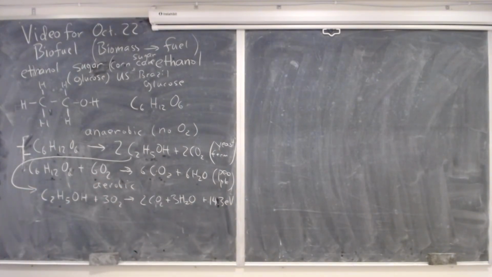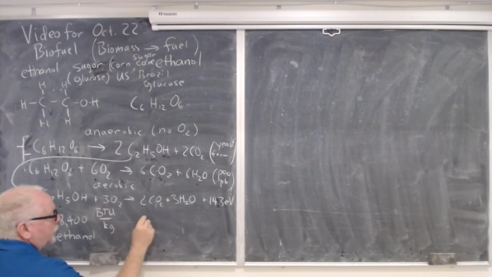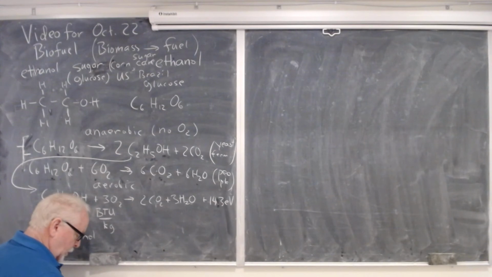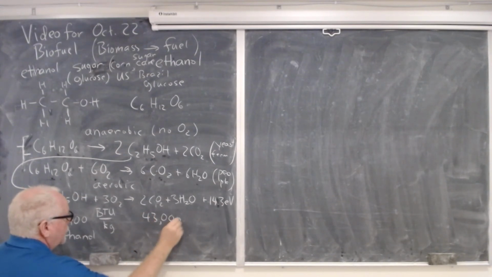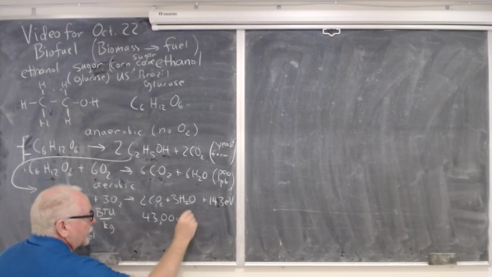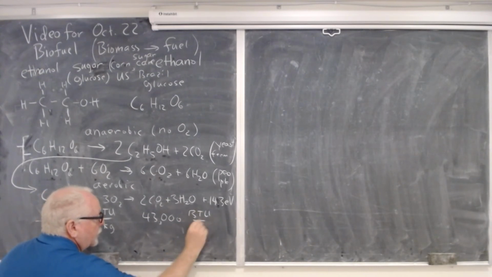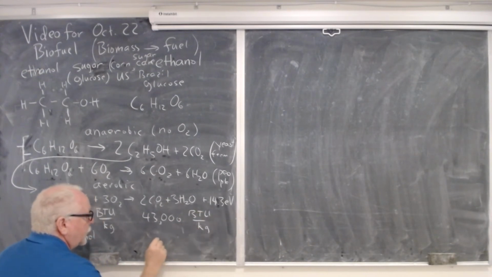And so if you work out the numbers, that's 28,400 BTU per kilogram of ethanol, compared to approximately 43,000 BTU per kilogram for gasoline.